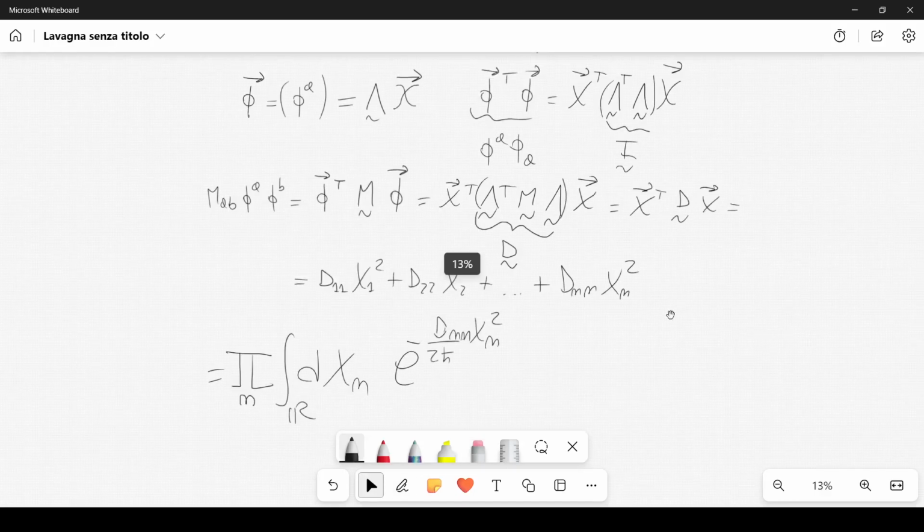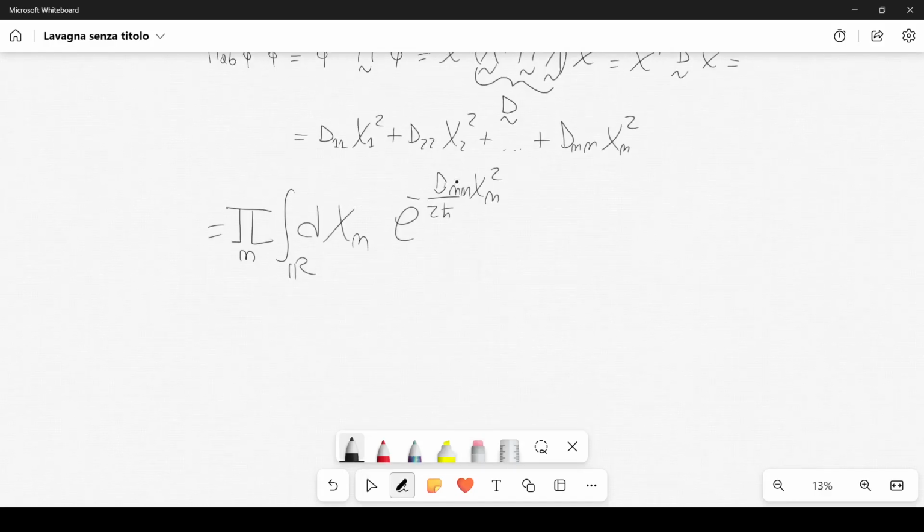We have to integrate over r, but this integral is quite simple, so we can put this dnn here at the denominator of ħ, so we have ħ over dnn. It's convenient to write it like this.